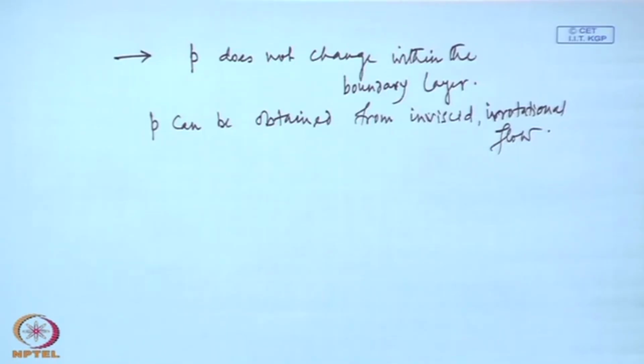Now, let us denote all parameters at the edge of the boundary layer, or which we found by the inviscid irrotational flow on the surface. When we solve inviscid irrotational flow, we still say that the values are on the surface, but basically they are not on the surface, they are at the edge of the boundary layer. Let us denote all those parameters at the edge of the boundary layer by a subscript e.